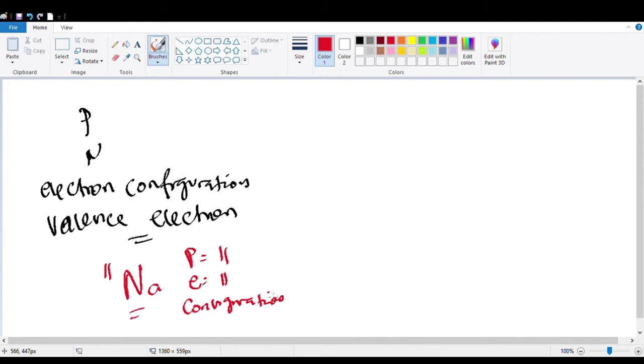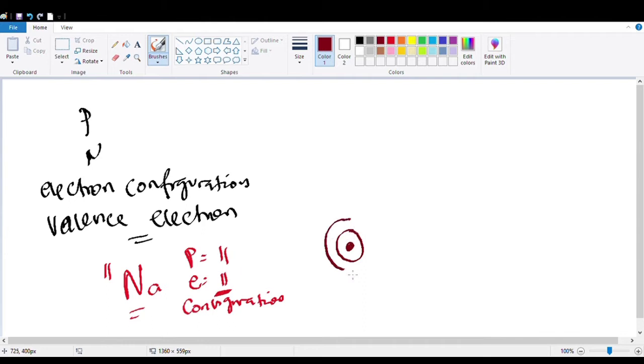Okay, so how to define the electron configuration. We take these 11 electrons. If you still remember the atomic structure, you draw the nucleus, and there are shells surrounding this nucleus. The first shell provides for a maximum of 2 electrons.